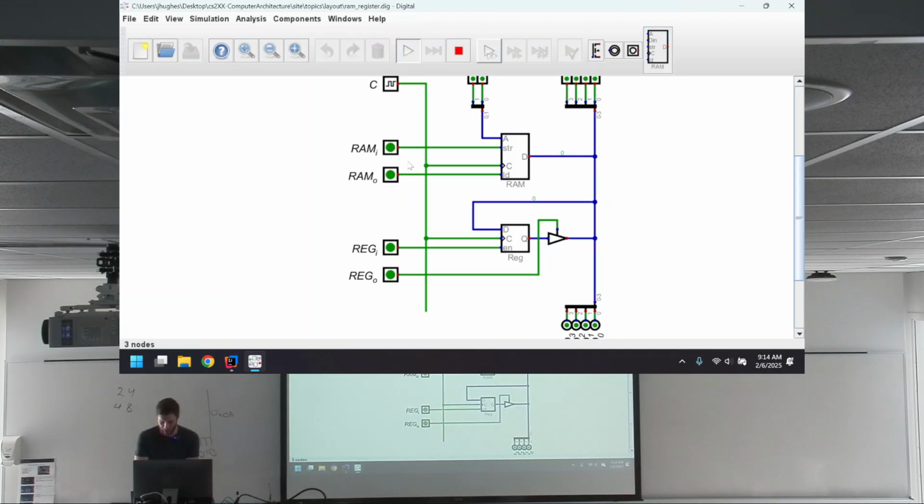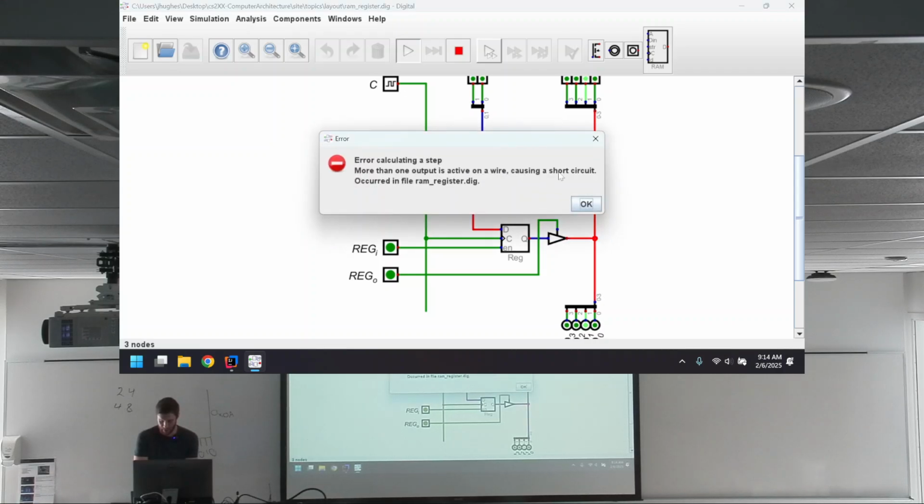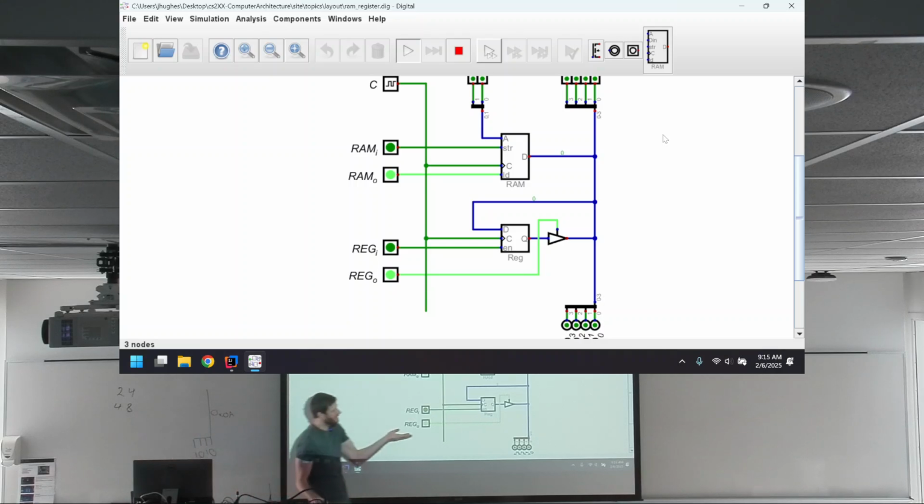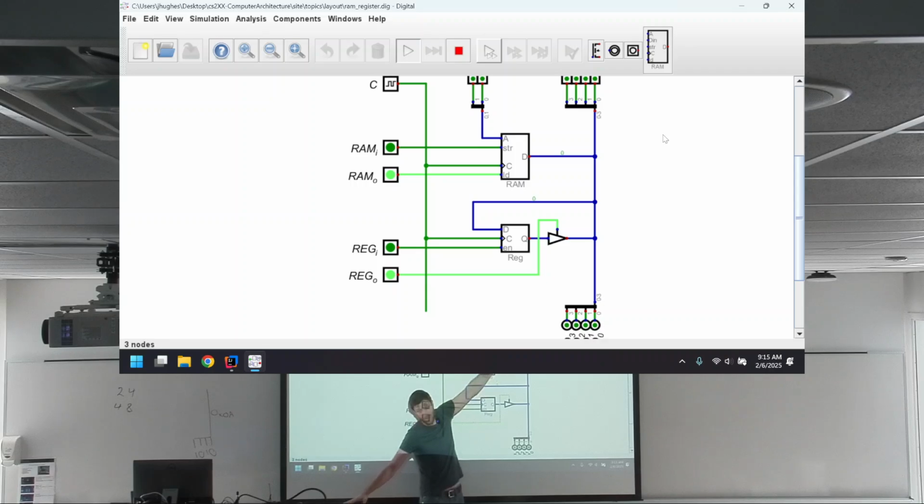Similarly, we can rerun it. If I try to output to here, and yeah, there we go. Now you might say, how come it wasn't unhappy? It was just conveniently that these were all 0, so there was no conflict. We just got really lucky, right? Like, how come it's not crashing? Everything is outputting, data is getting added to the bus from the register, from RAM, and from here.